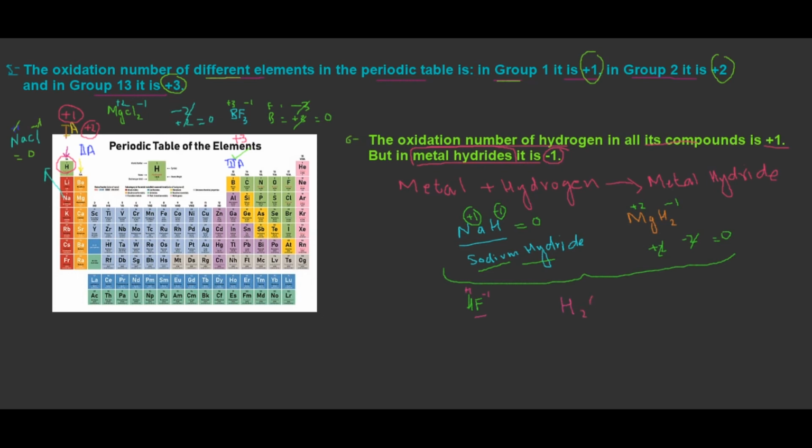Similarly, when hydrogen reacts with oxygen, it gives water. So in this case hydrogen also has positive 1 charge. So keep in mind this rule for hydrogen, that whenever it forms a hydride it will have minus 1 charge, and other than metal hydride, it will have positive 1 charge.